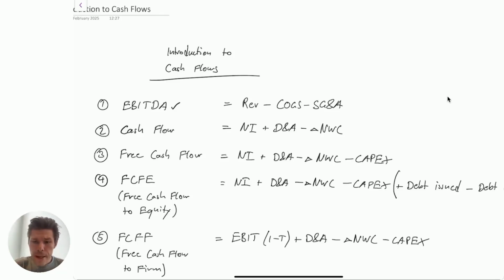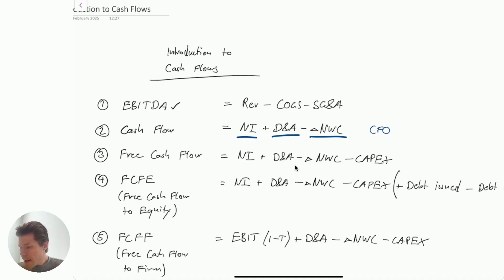Then when we look at cash flows from operations, the second one is your CFO, which just starts with net income plus D&A because it's a non-cash item, minus change in net working capital. And this is really cash flow from operating.